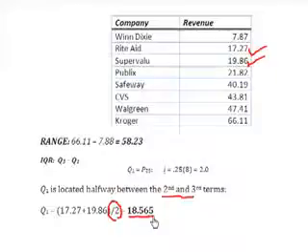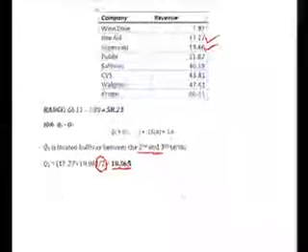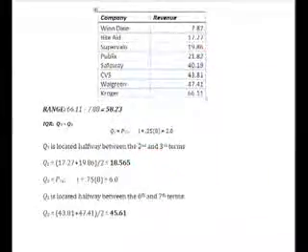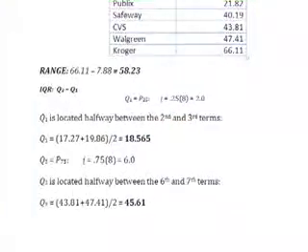I'm going to turn around and do Q3 the exact same way. Alright, remember that Q3 is simply the same thing as P75. So the location I'm looking for is 0.75, or 75 divided by 100, times our n of 8, which gives me 6.